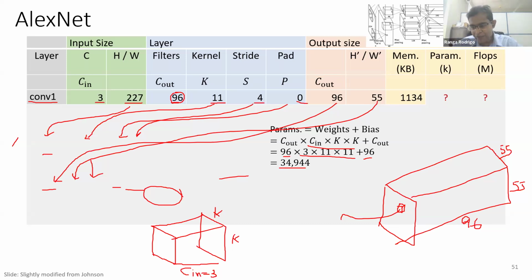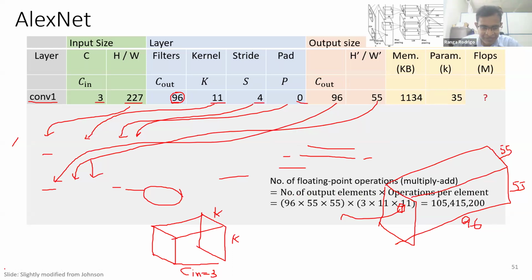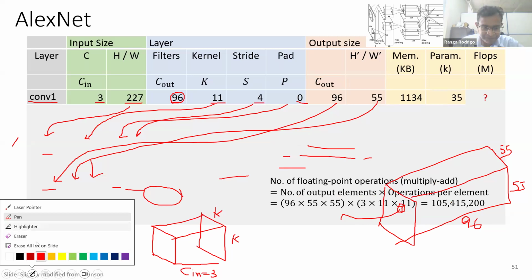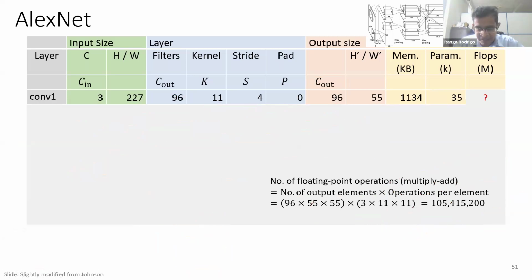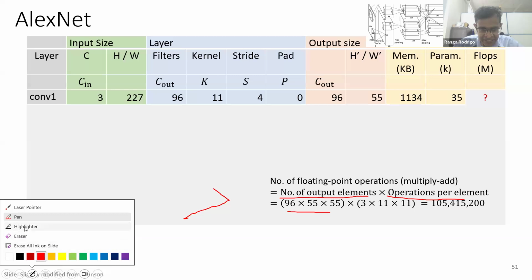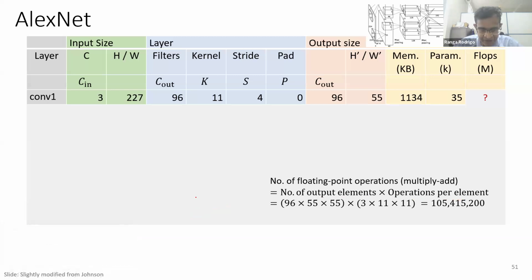So therefore, in total you can get by multiplying by the number of tensors. So there is this calculation here. You can see the number of output elements, that is this one, times operations per element, because these are 11 by 11 convolutions.